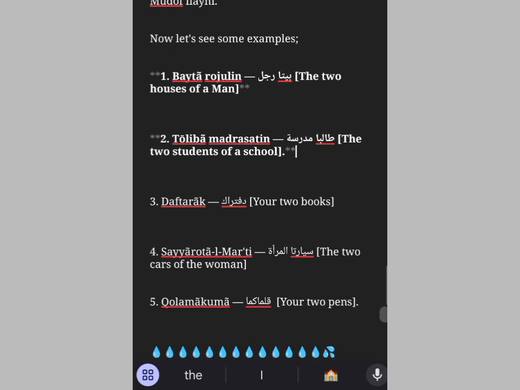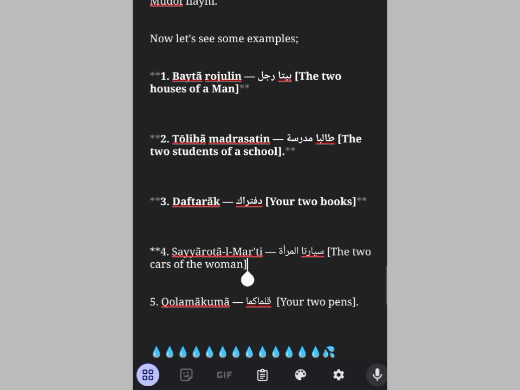Now let's look at the third example. Your two exercise books, or basically your two books: دفتراك. Remove the noon again. So the دفترا is mudaf and the ka is mudaf ilayhi in that manner.